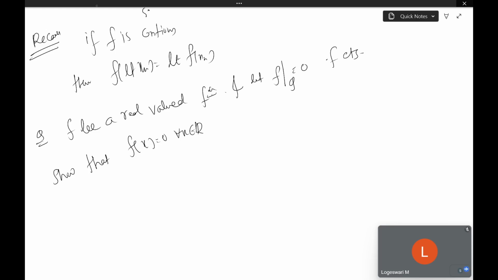So what does the question tell? This question tells that f is a real valued function, and given that f restricted over Q is the zero map, and f is continuous, we need to check that f is 0 everywhere.